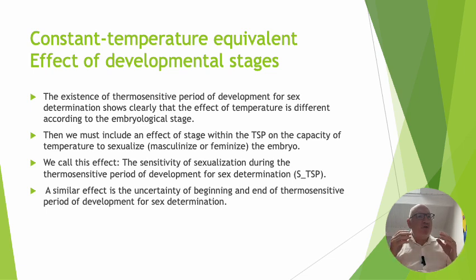Then we must include an effect of stage within the TSP on the capacity of temperature to sexualize. Sexualize means driving an undifferentiated gonad toward an ovary or a testis way, to sexualize the embryo. We call this effect the sensitivity of sexualization during the thermosensitive period of development for sex determination.